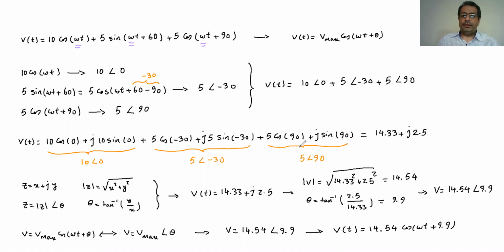But very quickly again, if we have something in the time domain, just convert all of them to the phasor. Then we do the calculation in the complex domain. Here we want, for example, to add a couple of complex numbers, it's easier to have them in the rectangular format.